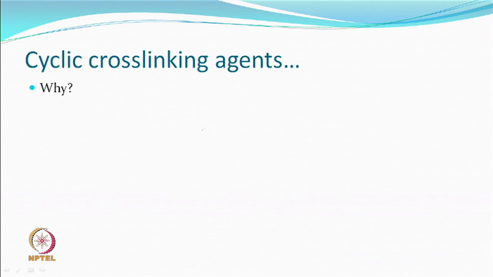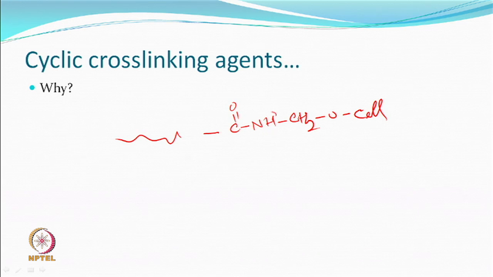And the linear compounds also had another problem. If we look at urea and formaldehyde, if this is the kind of reaction that happens, this part which has got a hydrogen on the nitrogen is called a labile hydrogen. In a cyclic compound, this labile hydrogen is not there.